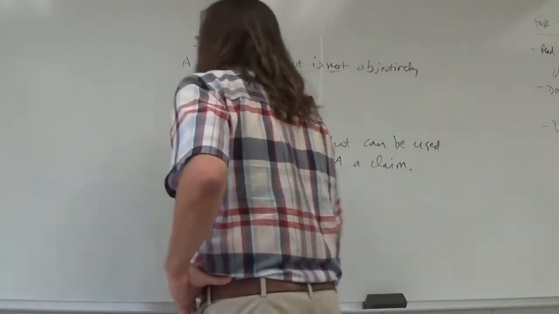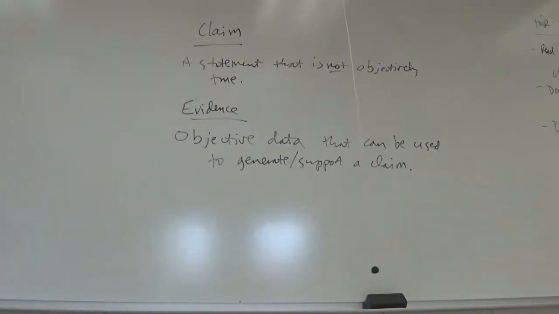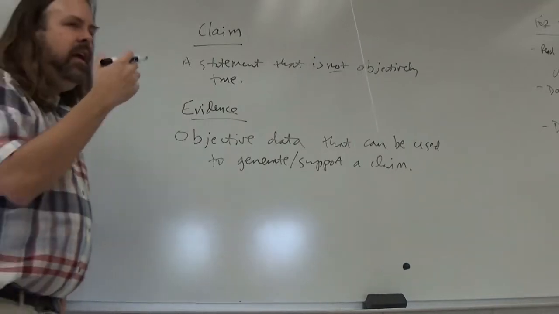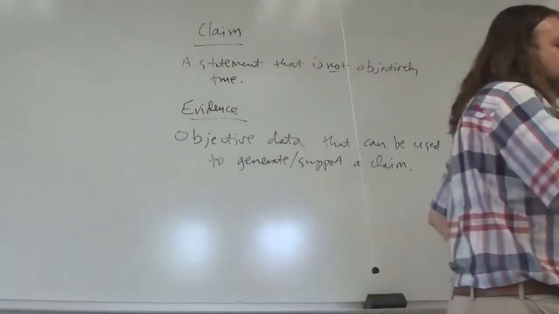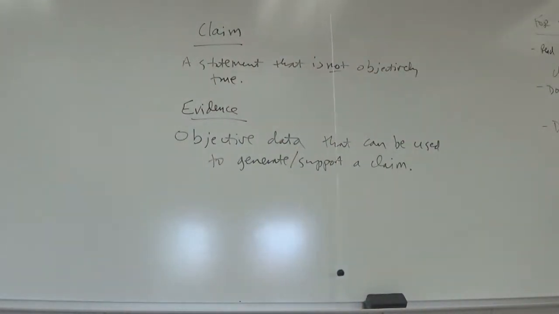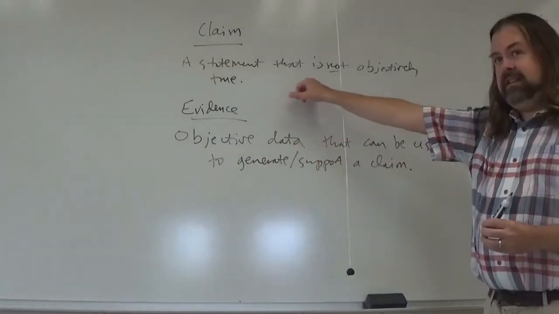Now this will become probably more clear as we proceed with the class, but what I want you to do generally when you're writing is start with evidence, start with data, right? And let the claim come from that, right? Rather than starting with the claim and then picking evidence to support it, right? What we're going to be doing first is looking at evidence and seeing where it takes us.